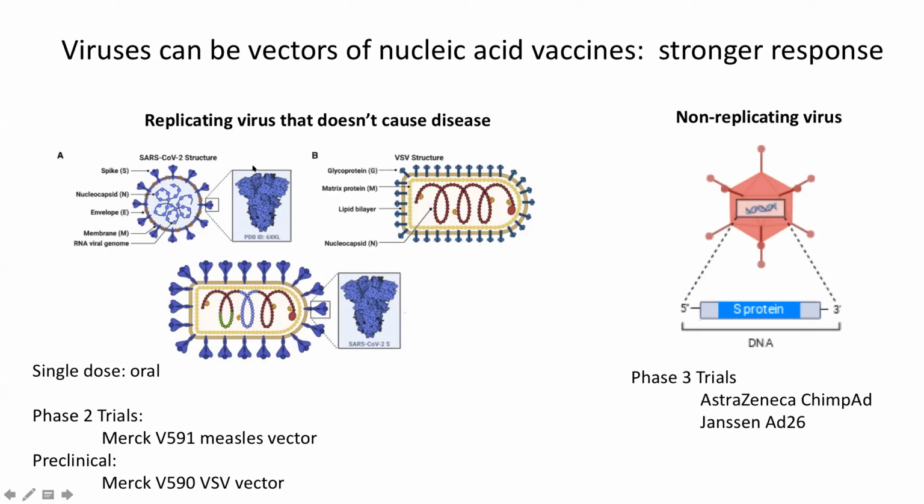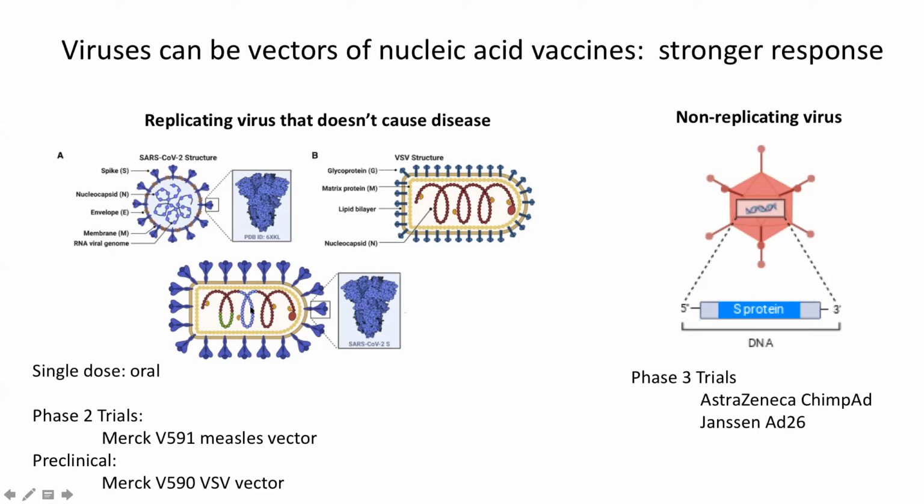The one on the left is basically taking an attenuated virus or a replicating virus that doesn't cause disease. And so in the example, the attenuated virus is called VSV, vesicular stomatitis virus. And they've taken this attenuated VSV and replaced its surface protein here with the spike protein gene of SARS-CoV-2.